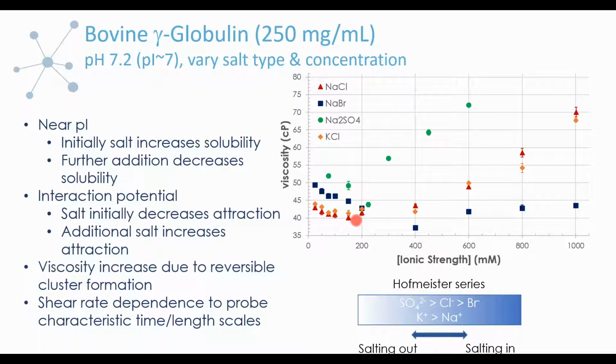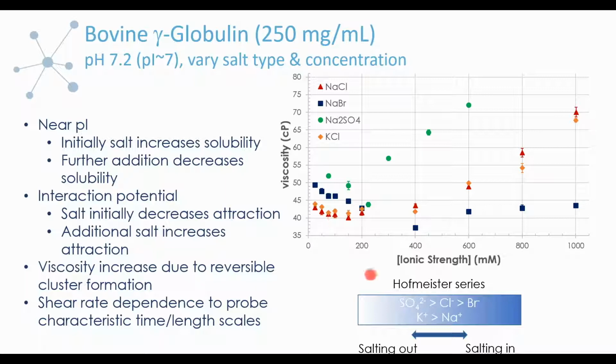Ultimately, if you add enough salt, the protein will crash out of solution. We didn't get to that point on this plot, but we're observing the change in solubility. I think we can correlate the change in viscosity to the change in solubility.